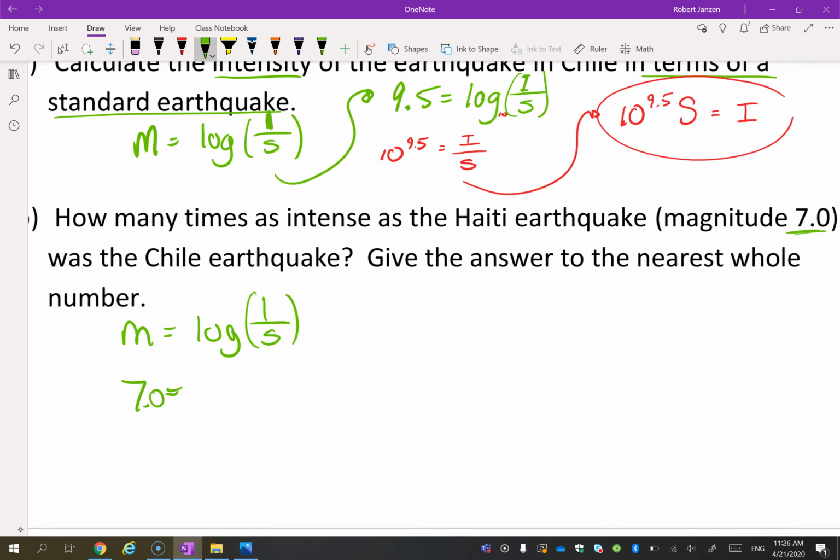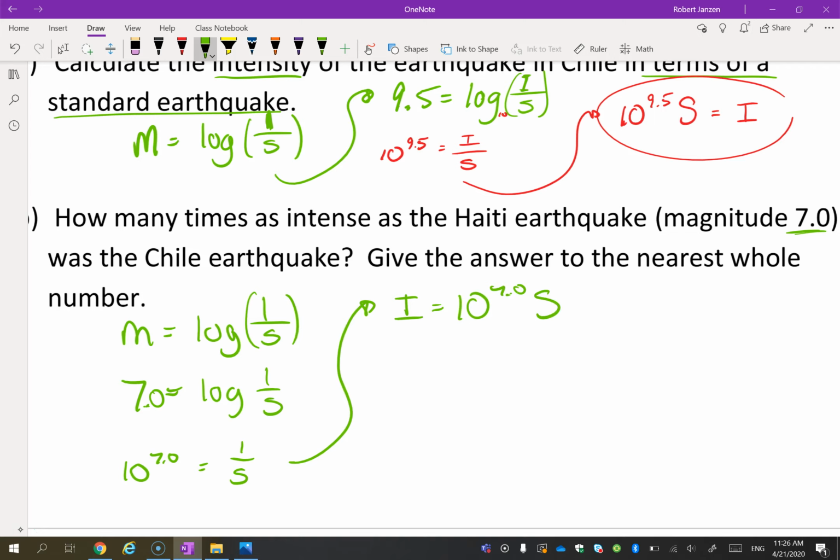There's not much math to them. Okay, and so if I now would go base 10, so this is 10 to the power of 7 equals I over S, and so the intensity of this earthquake is 10 to the power of 7 times S.